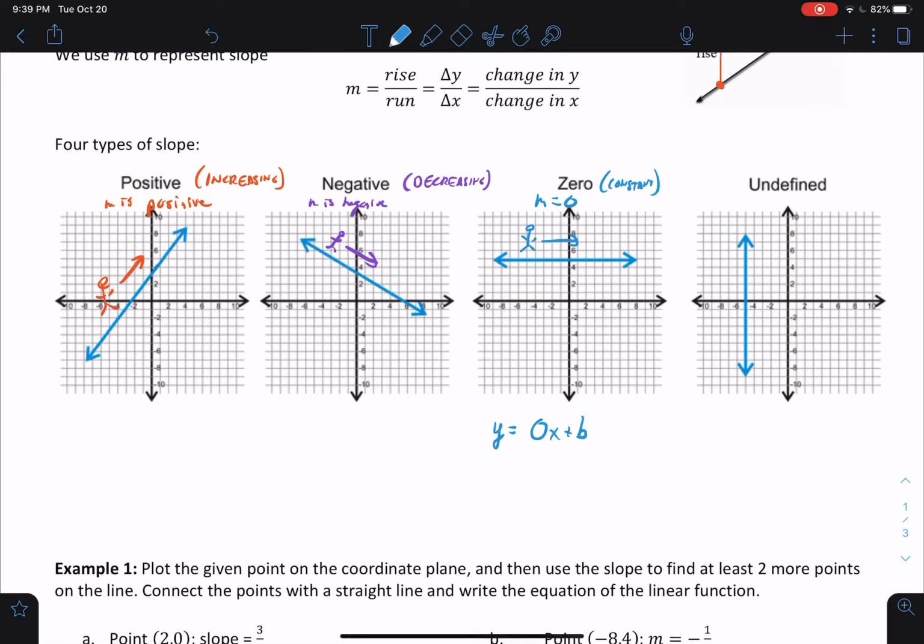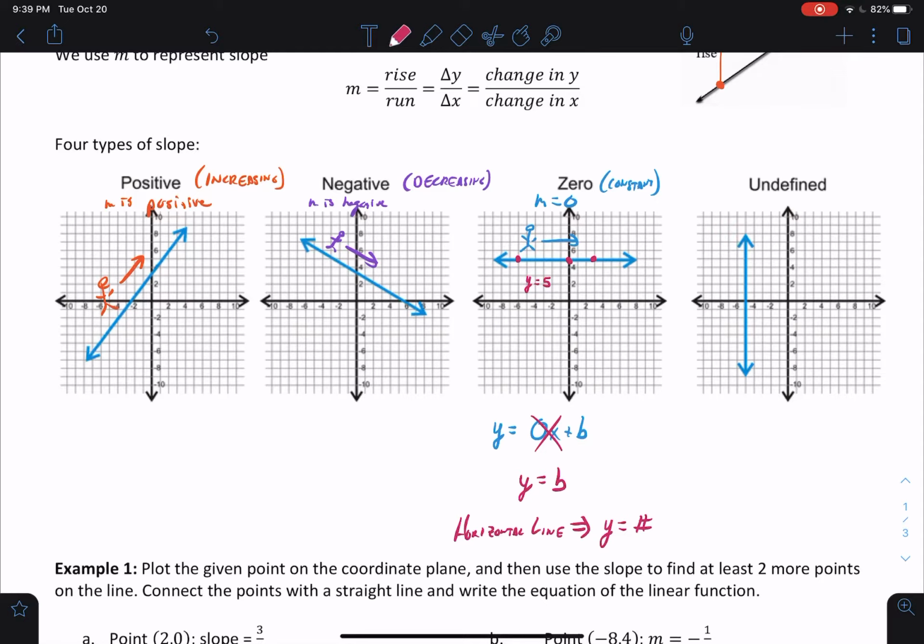In y equals mx plus b, this would cancel out, and so I would just get y equals b. So a horizontal line means that we'll be dealing with the equation y equals some number. For example, here, this is y equals 5. Every point on this line, the x coordinates are changing, but your y coordinate stays 5.